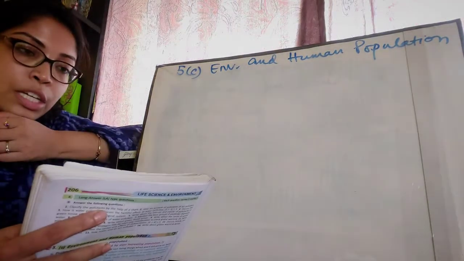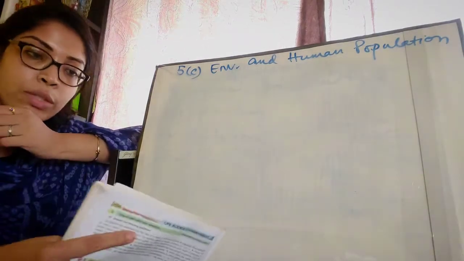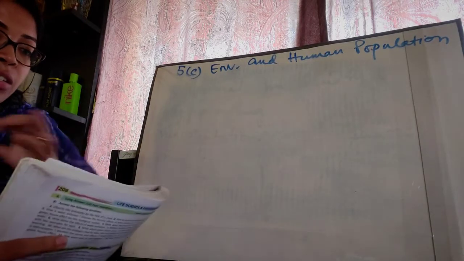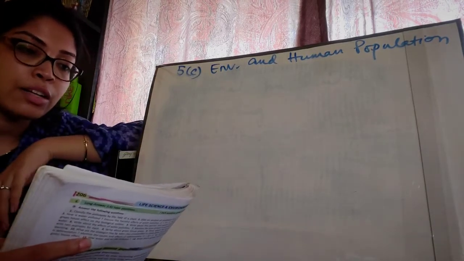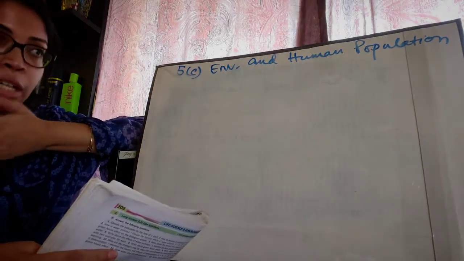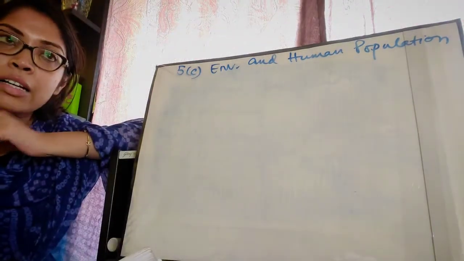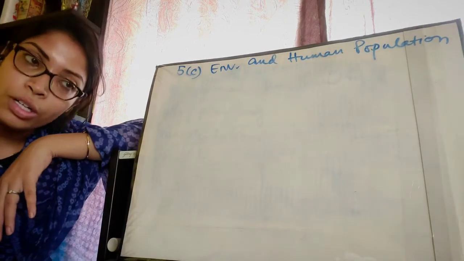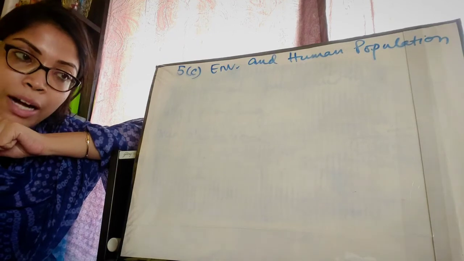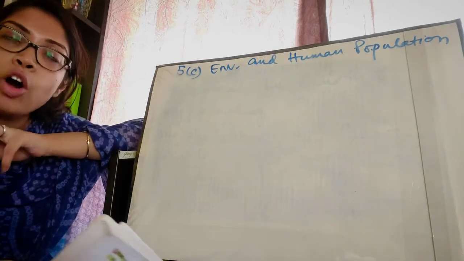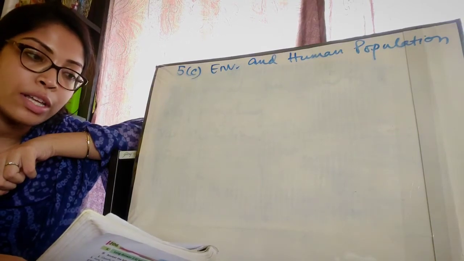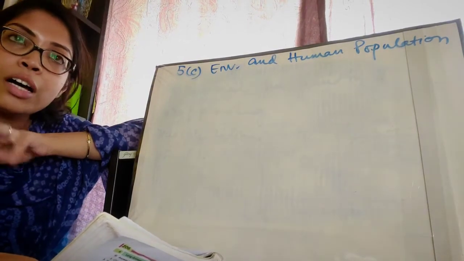3/4 of the earth is water and only 1/4 is land. We all know that. This small land area again consists of barren land, mountain, desert, forest, township, industry, etc. So out of this 1/4 land part, most of it is occupied by these things.